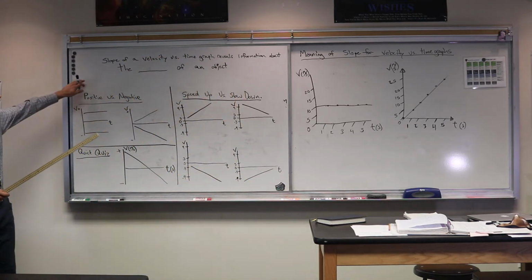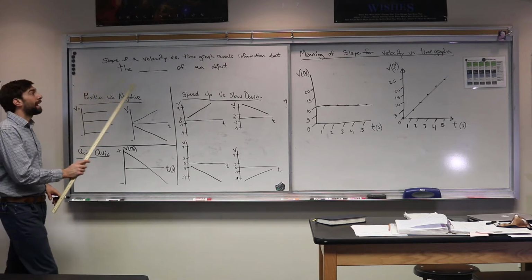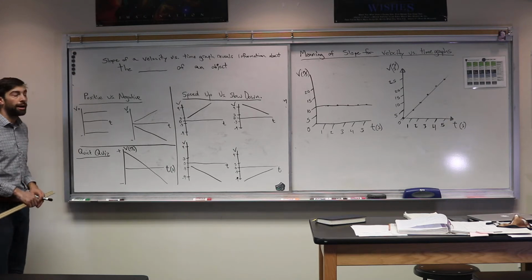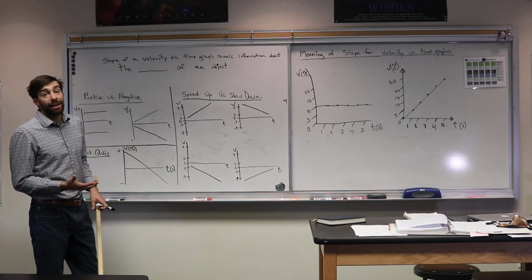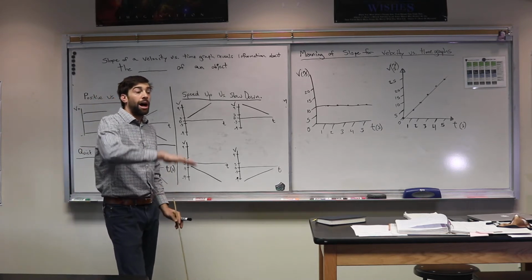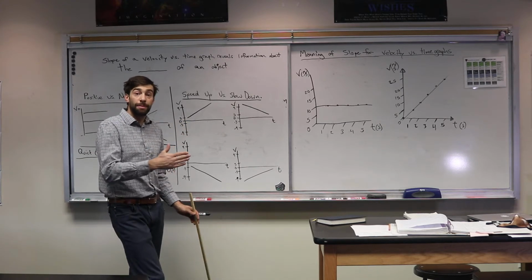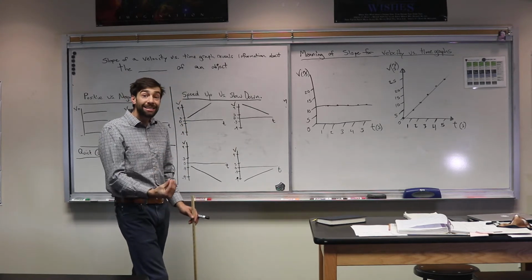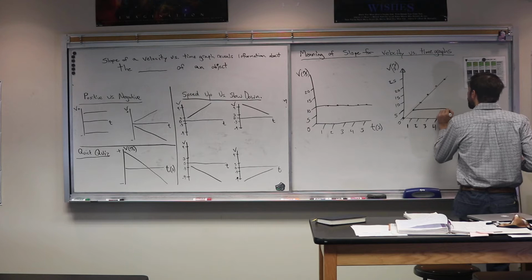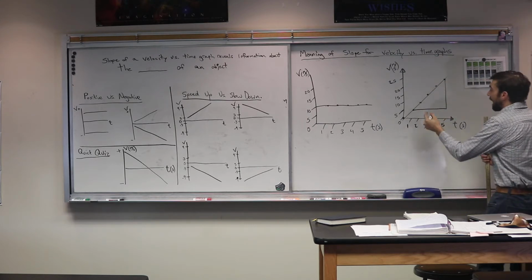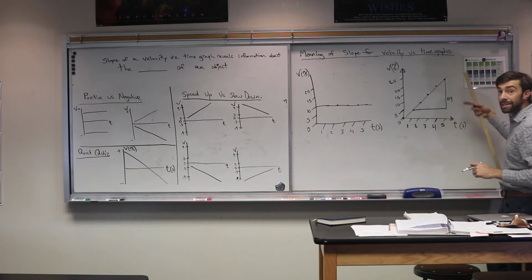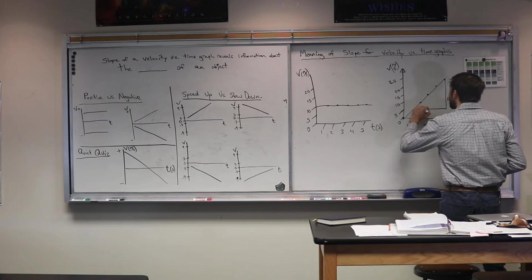So moving over here, the slope of a velocity versus time graph reveals information about what of an object? Well, let's dig into that a little bit. Slope is rise over run. So it's the amount of height I gain on the y-axis divided by the length I move across on the x-axis. So slope is rise divided by run. So on this graph, we have our rise, which is delta y, or change in my height, divided by change in x.